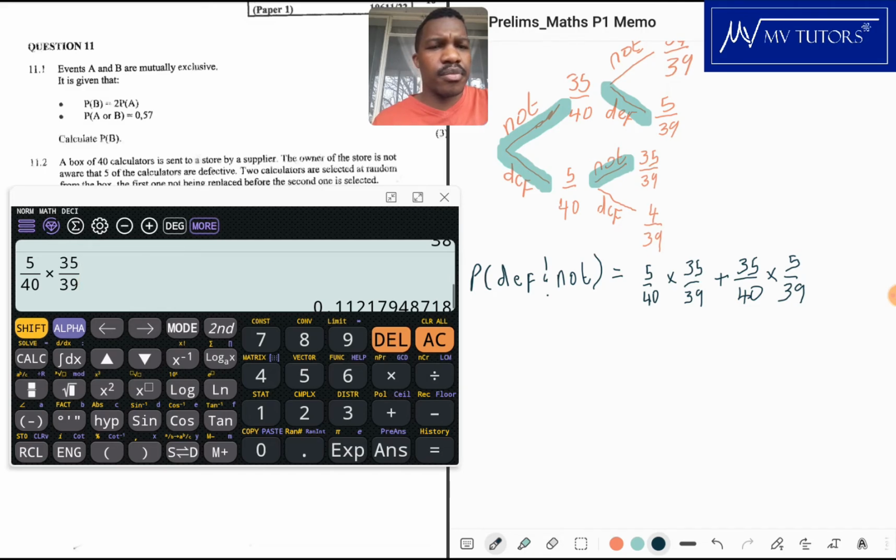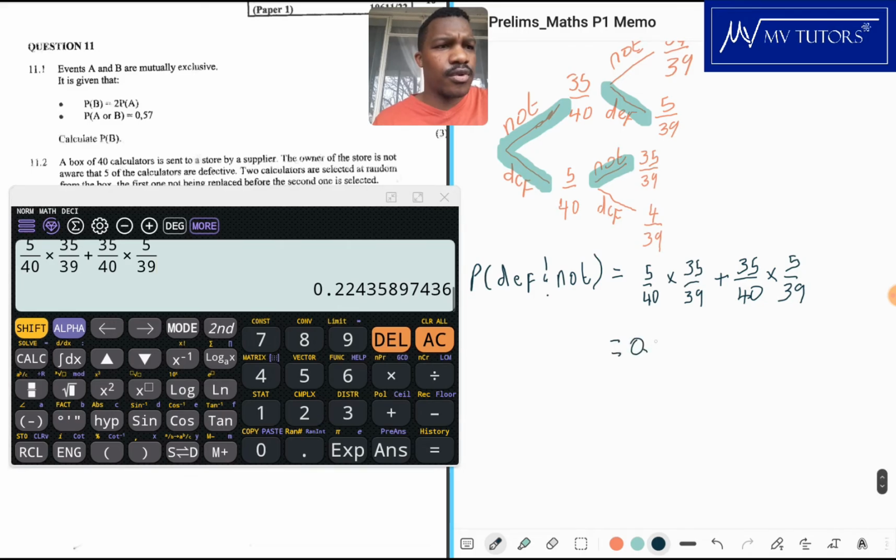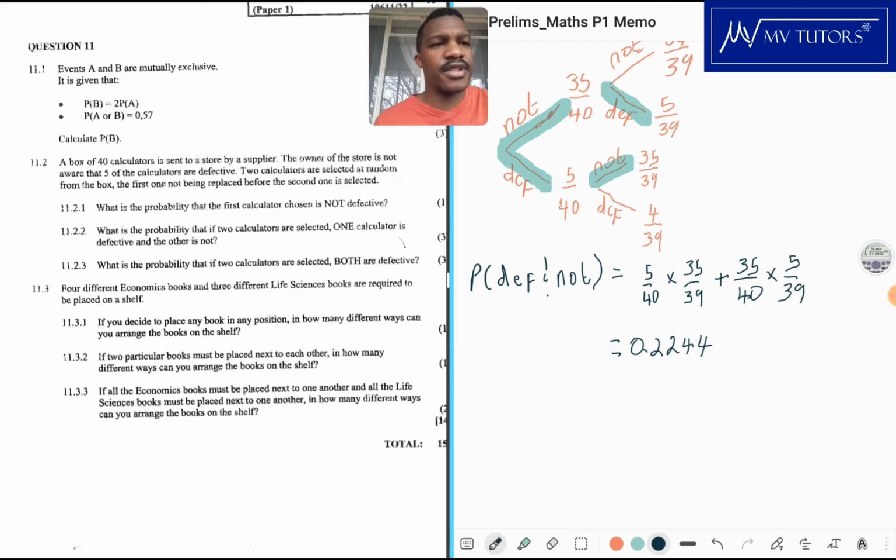Okay, and plus I'm gonna add that to 35/40 times 5/39, just like that, and we get a total of 0.2244, rounded off. Always take it to about 4 decimal places so that when you convert to percentage, it's going to be 22.44%. Okay, all right, let's leave it there.